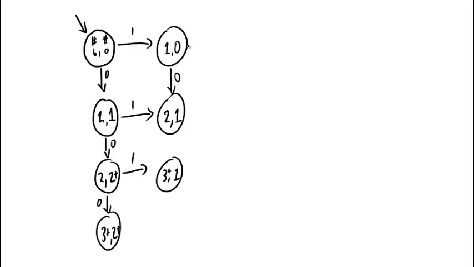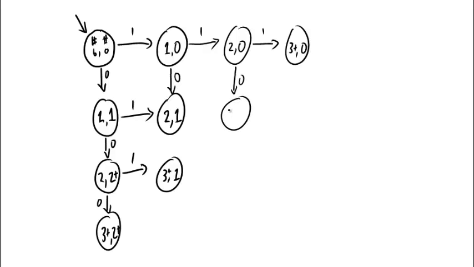Okay, and if I get a 1 from here, then my number of bits goes up, but my number of zeros does not. And if I get a 1 from here, then my number of bits goes up, but my number of zeros does not. And if I get a 0 from here, then my number of bits goes up, and my number of zeros goes up. Okay, how about down here? Can I go across here?